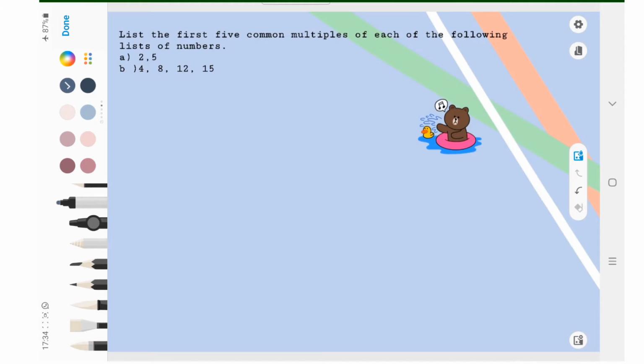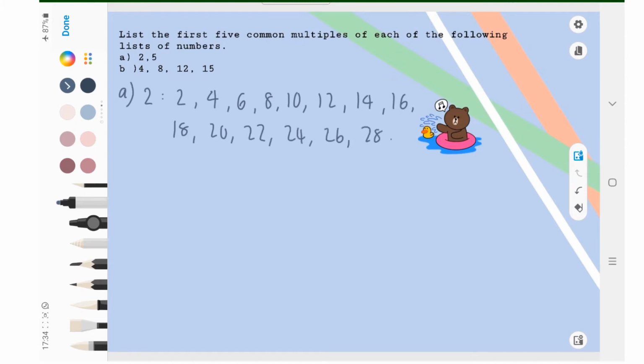List the first 5 common multiples of each of the following lists of numbers. A. 2 and 5. So we list the multiples of 2 first, which are 2, 4, 6, 8, 10, 12, 14, 16, 18, 20, 22, 24, 26, 28, 30, 32, 34, 36, 38, 40, 42, 44, 46, 48, and 50.